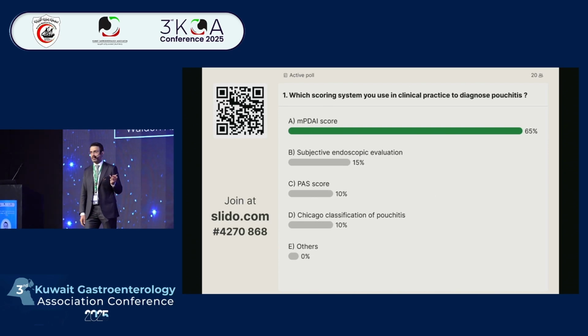The Chicago classification also has morphology, like phenotype, so if the patient has fistulas and so on, it's included in the Chicago classification of the pouch. So we have many scores, but the majority use the modified PDAI, and we don't have one score that's all we use. Unfortunately, our scoring systems do not correlate well with the endoscopic activity of the disease.